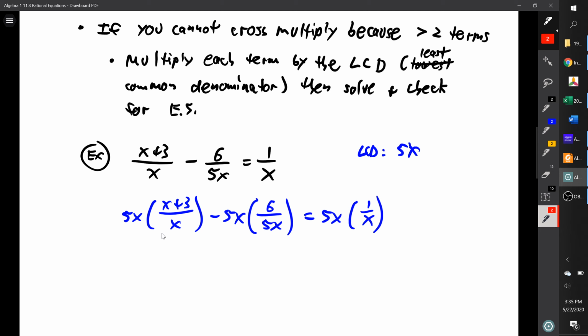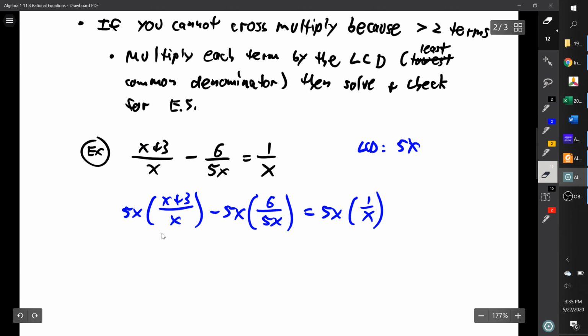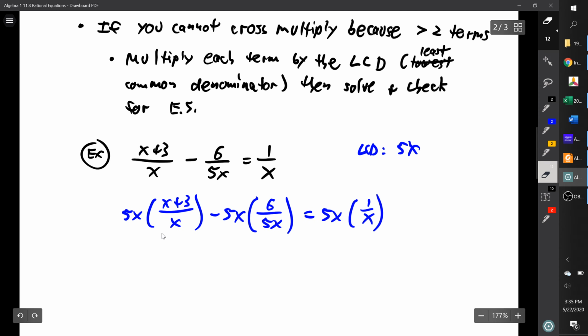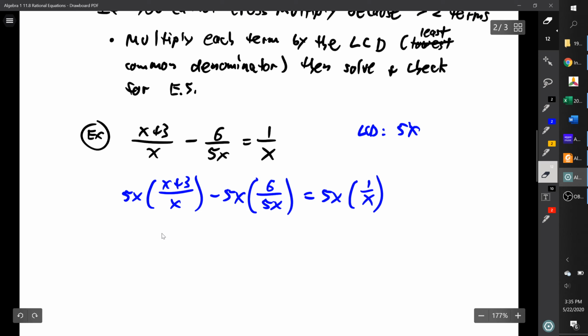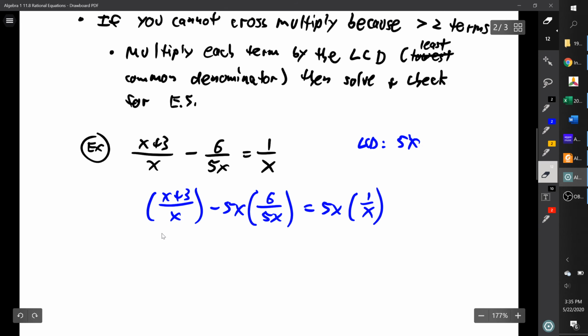Now, this x here cannot cancel with that x there because this x has addition happening to it. You can only cancel with an x on the bottom if you have on top an x that is only experiencing multiplication. So this x here is only experiencing multiplication, so it can cancel with the x on the bottom.